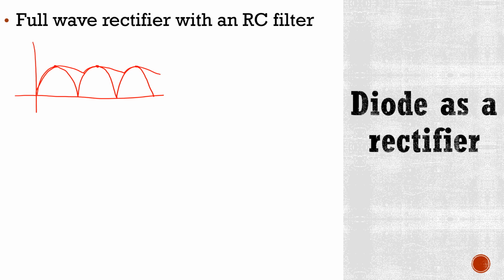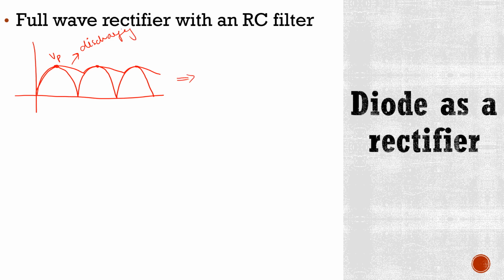It means the capacitor charges through diode up to this point Vp, and after this point this capacitor gets discharged through the load resistor RL. So this line is showing discharging of capacitor.